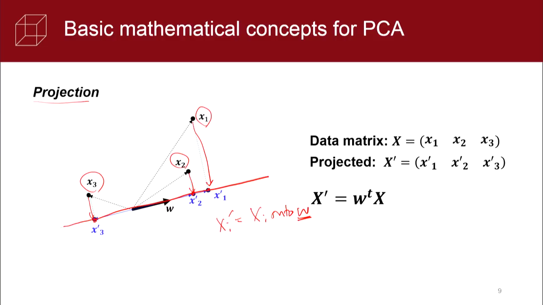And we can easily express x prime by using w and x. So x prime, whose columns are the projections of the xi's onto w, is equal to w transpose x, where w is a vector and x consists of the columns of the data vectors.